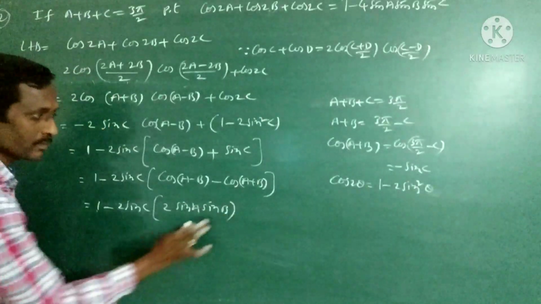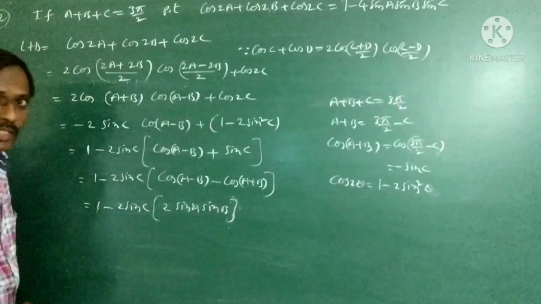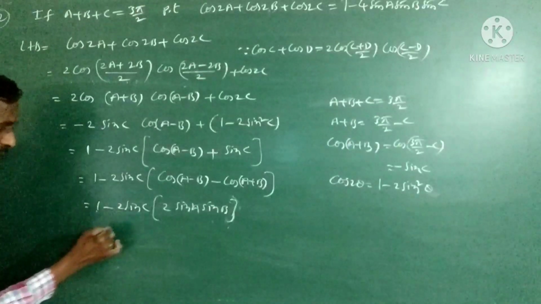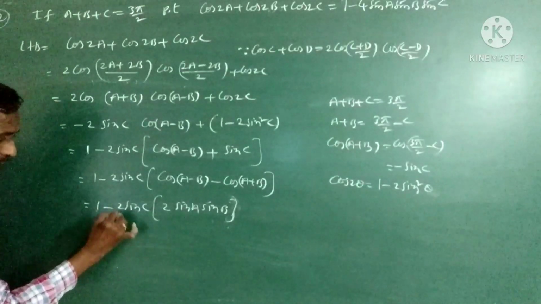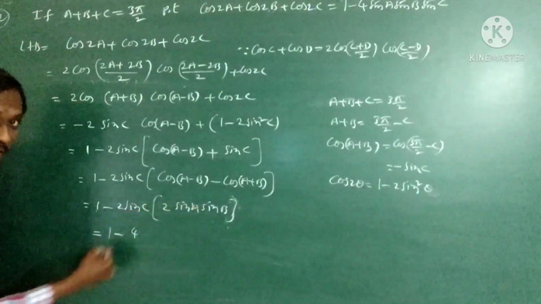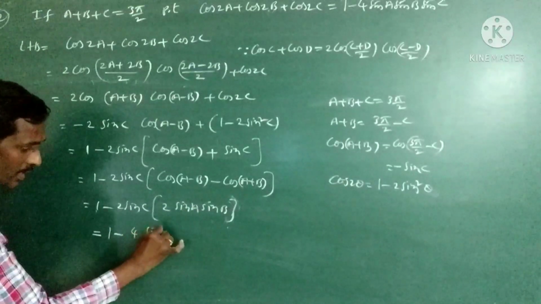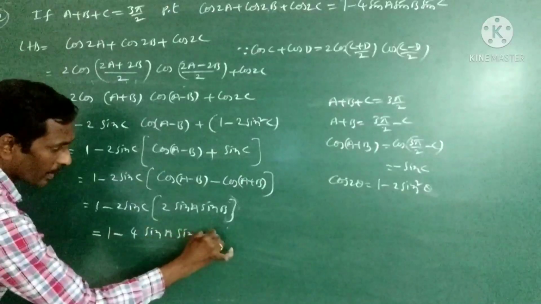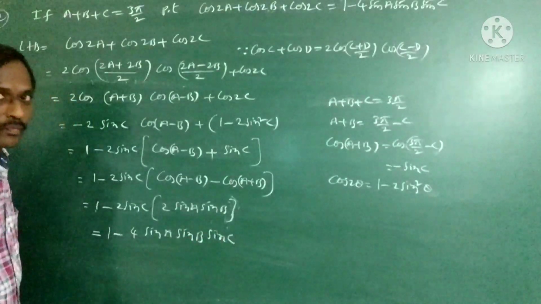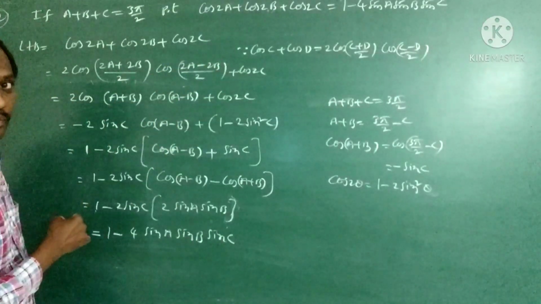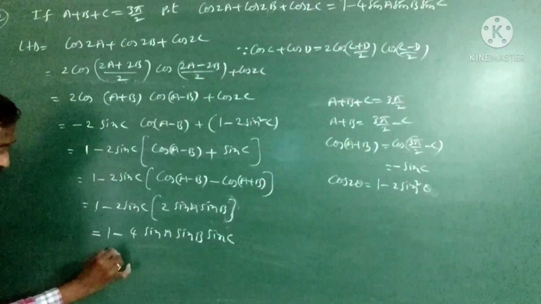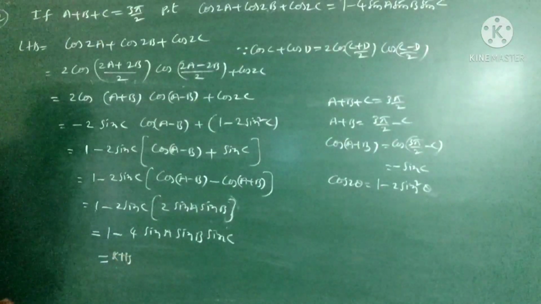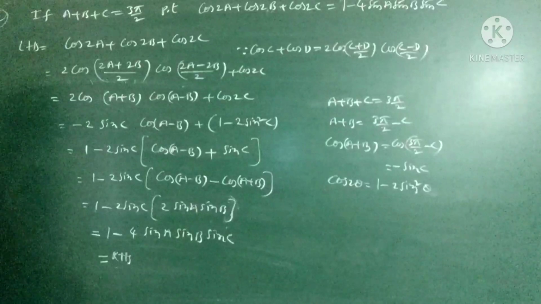So that is the formula. Finally write the result 1 minus 2 to the 4. Write the angles in order: sin A, sin B and sin C. So this is the answer you have to show, and it is correct now. It is the RHS of the problem.